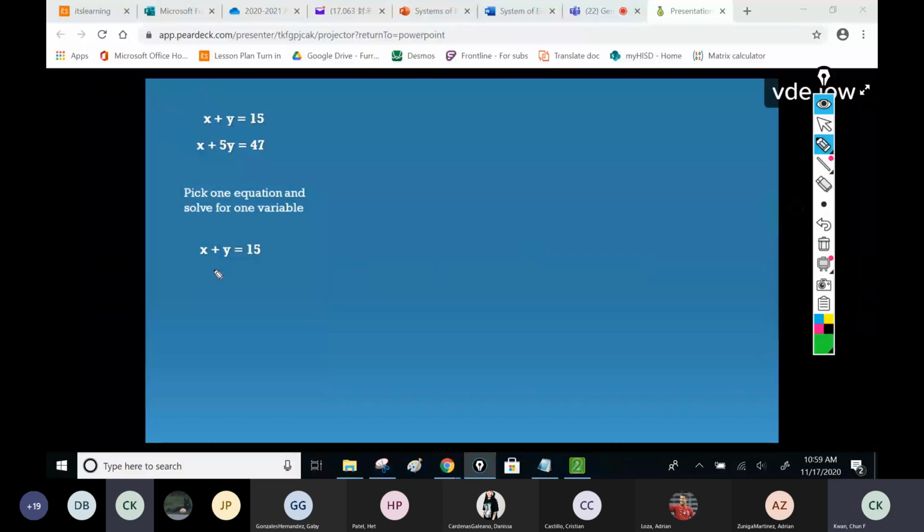So that means I'm going to subtract y, and then they will cancel out. So x equals 15 minus y.